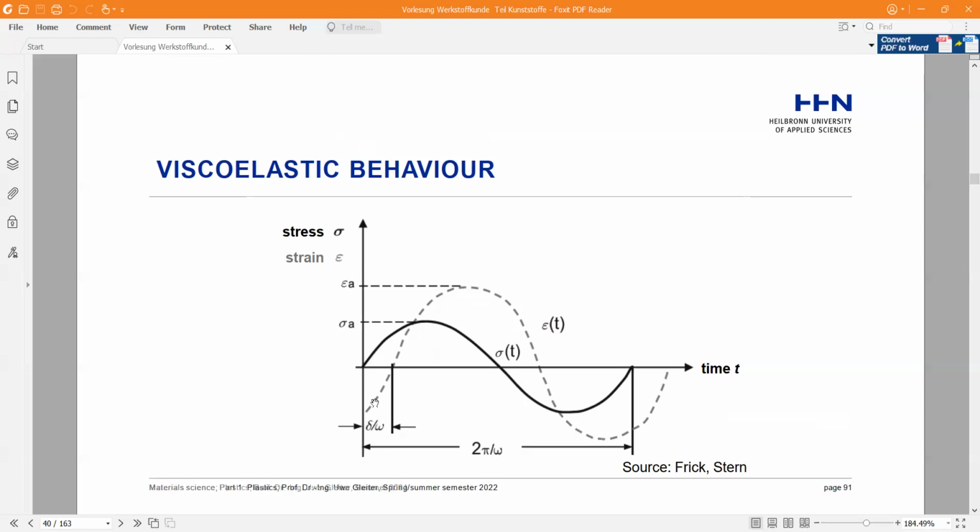So it's a period of 2 pi divided by omega.